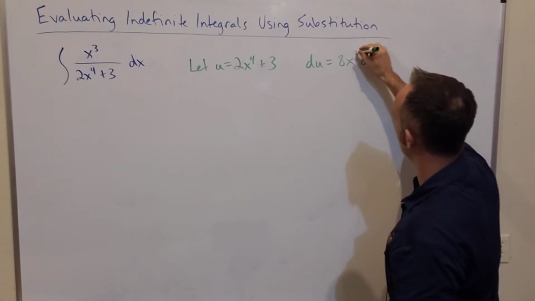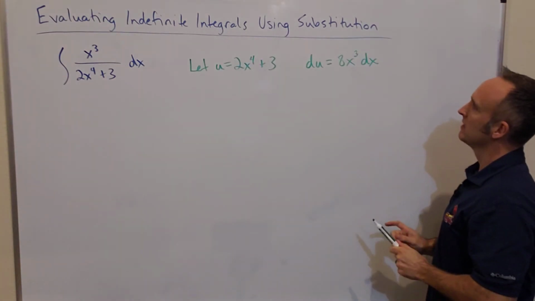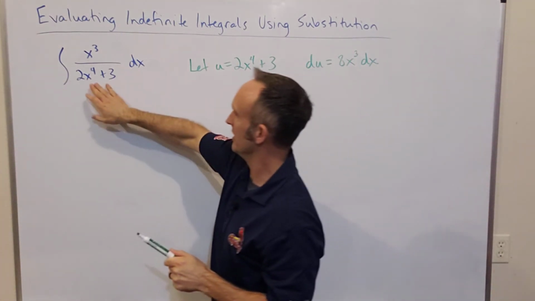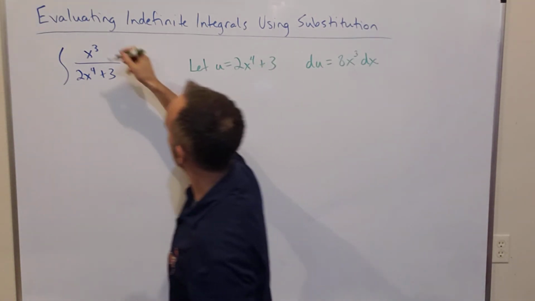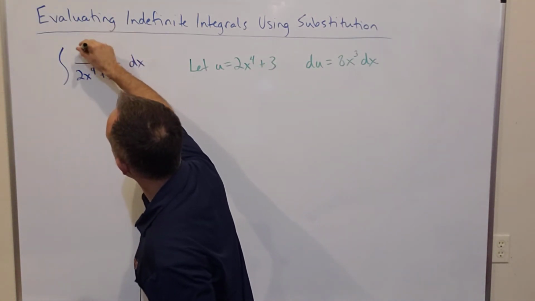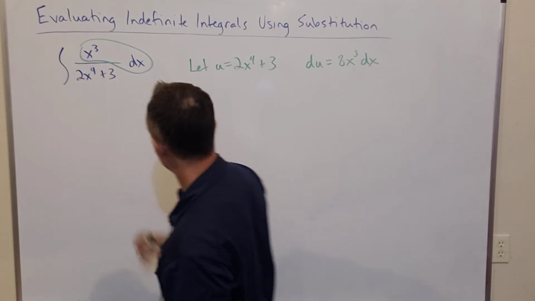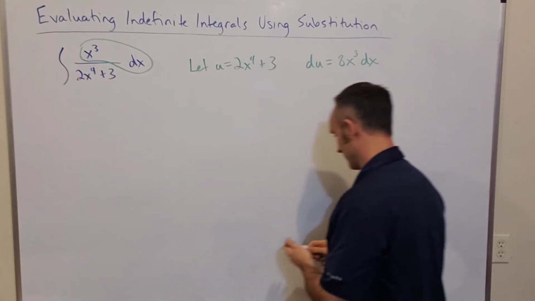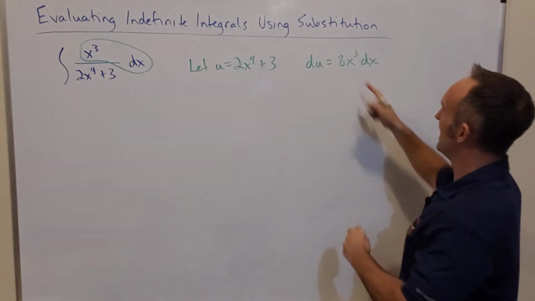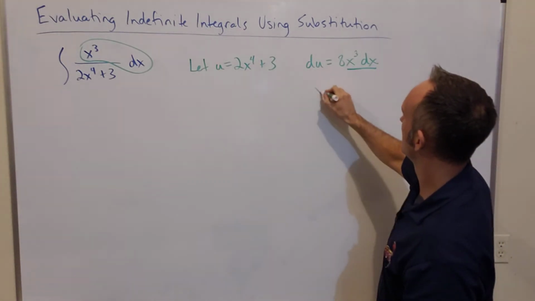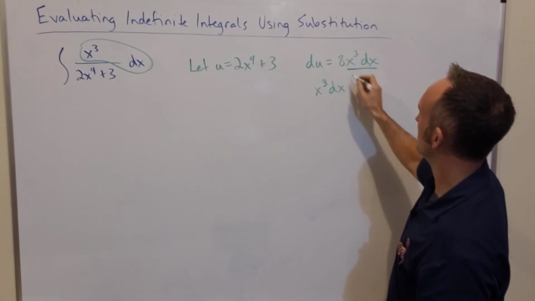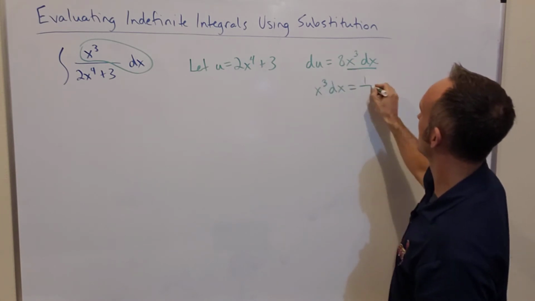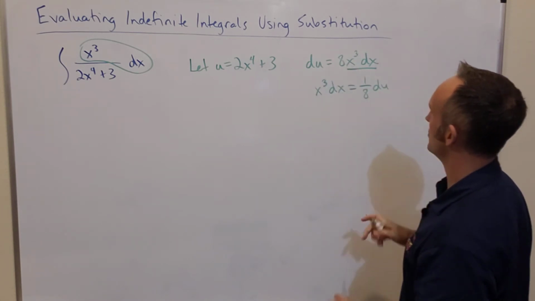8x cubed dx, sorry. And so if I'm looking at rebuilding this, I need to take my x cubed dx and rewrite it, and then I'm left with 1 over u, okay? So my x cubed dx, if I get it by itself, is going to be 1/8 du.